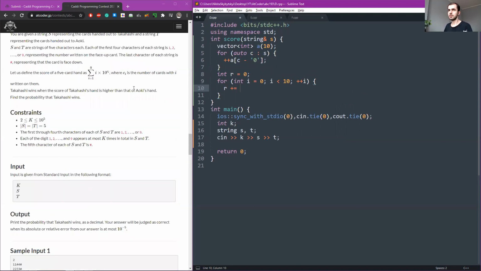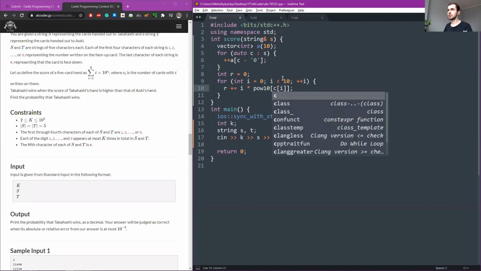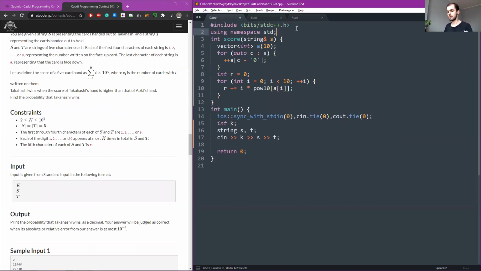What do I want? Some multiply action. So I times 10. I'm going to do it like this. So this is actually C, right?